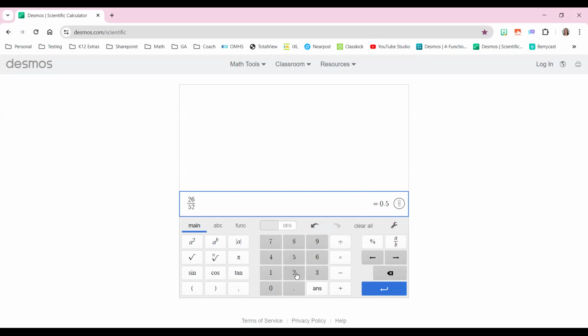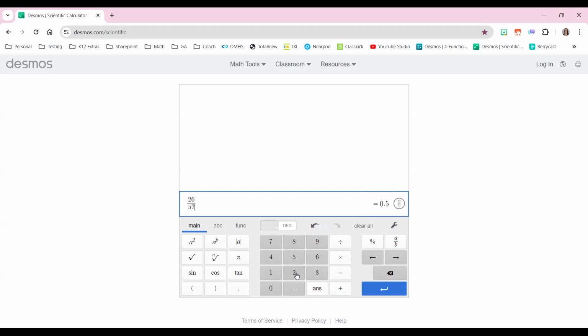Now, there are a couple different ways that you can turn decimals into percentages. The way that I'm going to focus on is multiplying by 100. Because if we think about what the word percent means, it means per cent. Well, per is another word for multiply, and cent is like century, 100 years, or cents. There are 100 cents in a dollar. So cent means 100, and per cent literally means per 100.